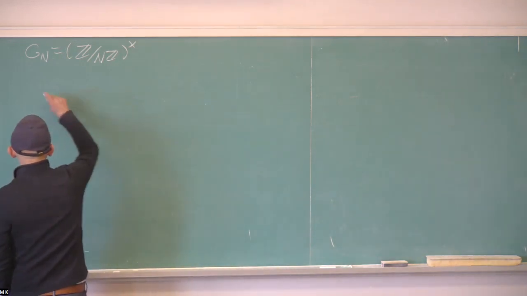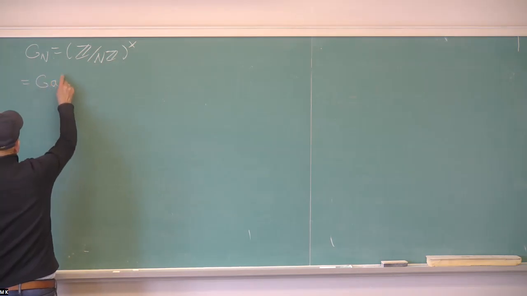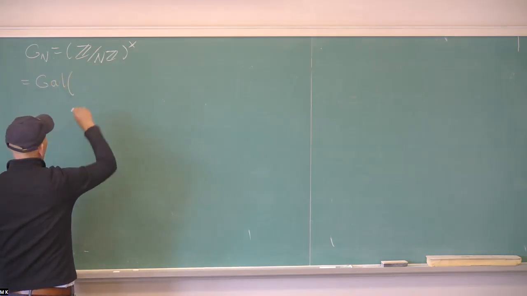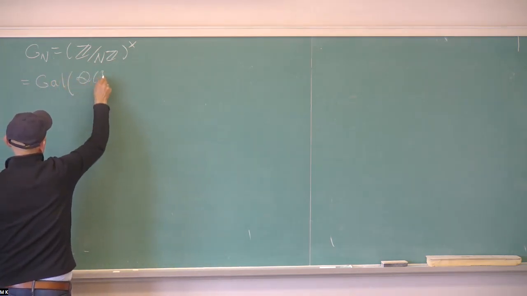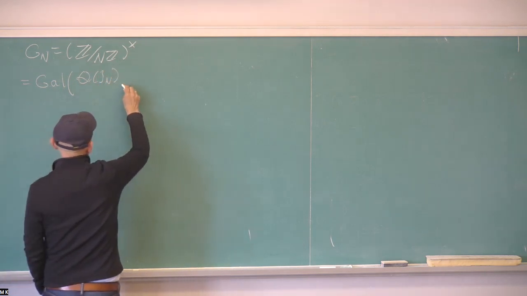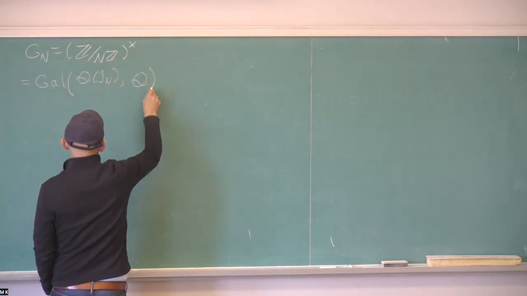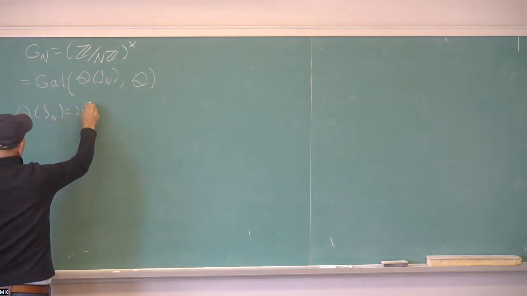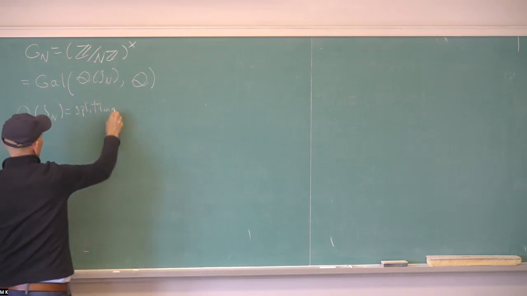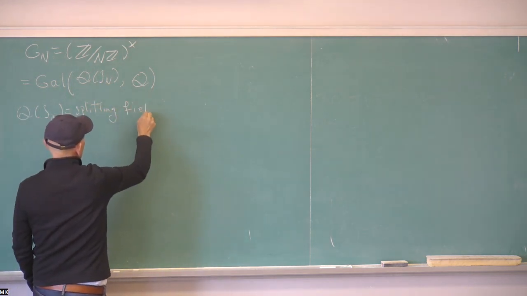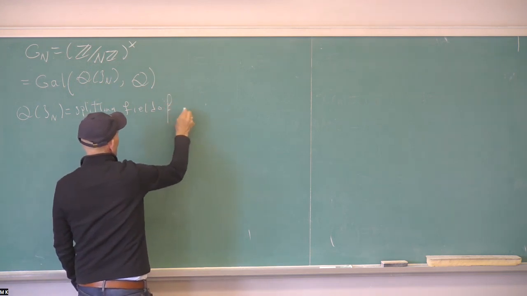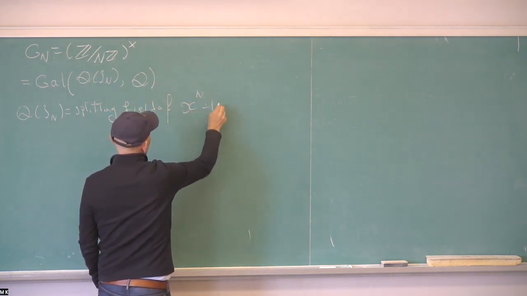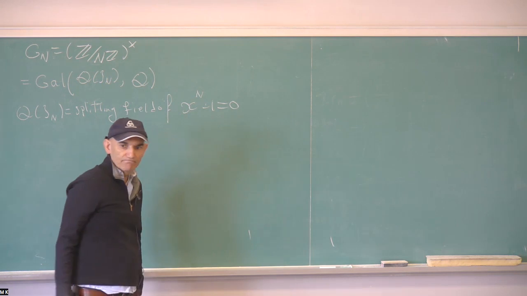So this is equal to Galois of Q(ζn) over Q, where Q(ζn) is a splitting field of x^n minus 1 equal to 0. Okay?